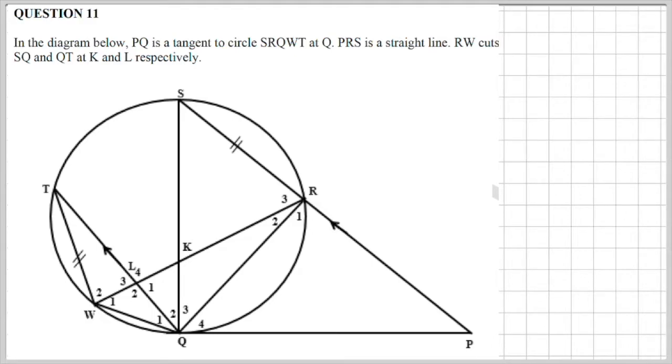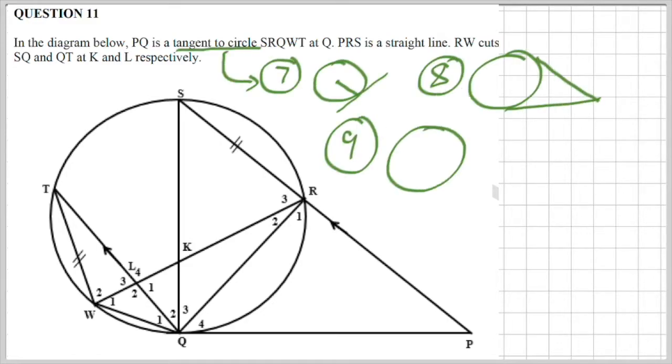So when I look at this specific sum, it says there in the diagram below, PQ is a tangent to the circle. So I've got three options when I'm looking at tangents to a circle. First of all, Theorem 7, Theorem 8, and then Theorem 9.